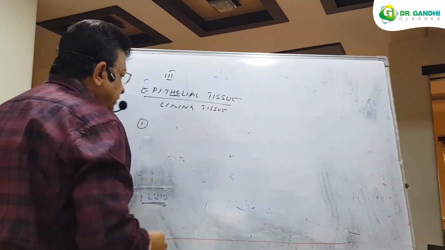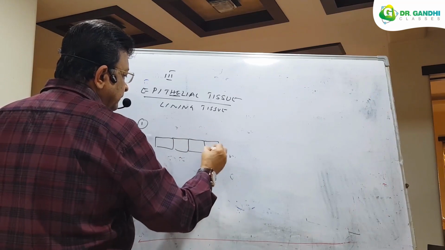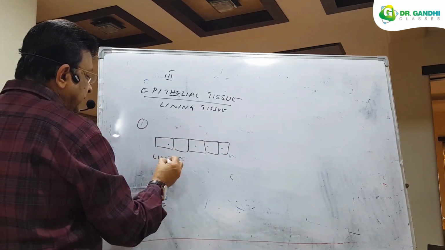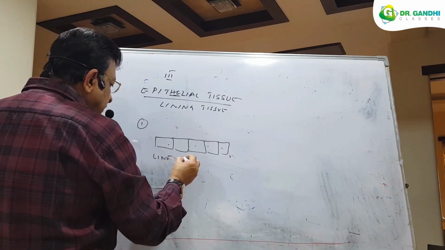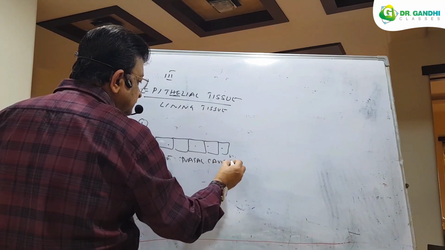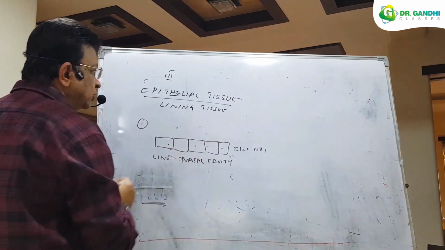The first one you can see is made up of flat cells. What does it line? It lines your nasal cavity. A group of flat cells, therefore a tissue.